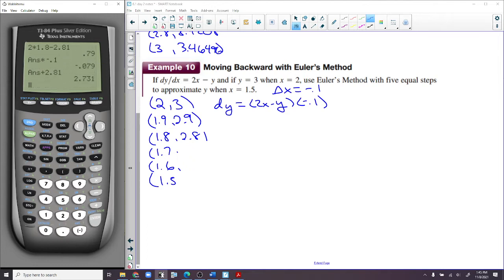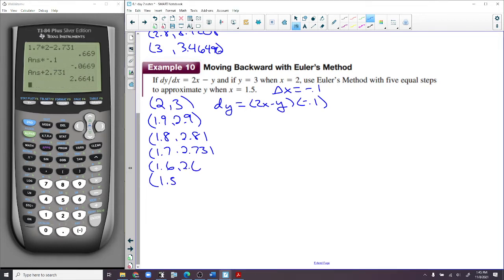So we calculate the change, then add it to the y. So 2.731. So we got 1.7 times 2 minus, that's what I was doing wrong, 2.731. Get that, times negative 0.1. There's the change. And we add it to 2.731. We add it to the previous y.